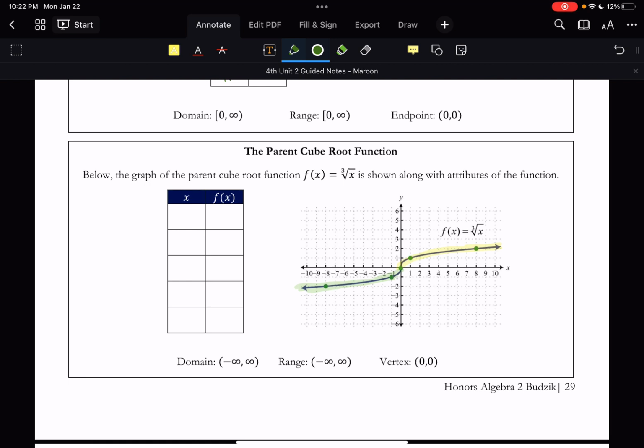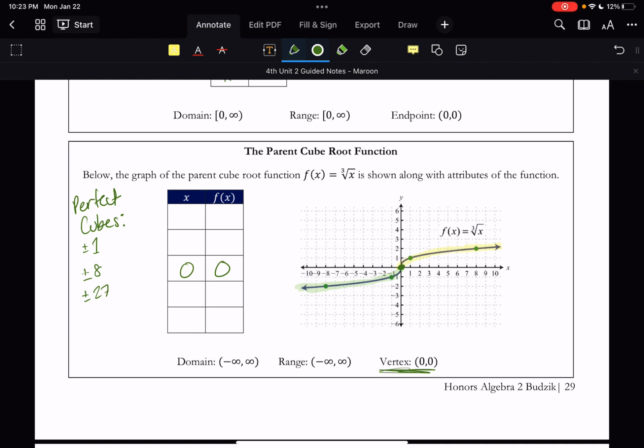The vertex is the turning point. And when I say turning point, it's where we see this directional shift in the middle. So again, if we are now thinking about the perfect cubes, the perfect cubes are plus or minus 1, plus or minus 8, plus or minus 27, etc. So the main 5 points, I have my vertex of (0, 0) on my parent function.